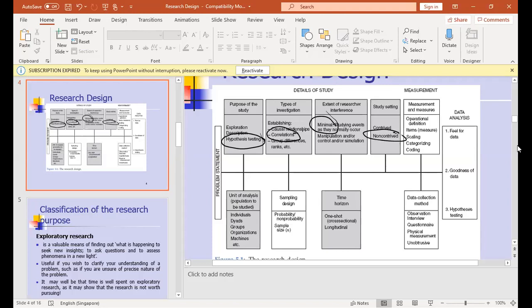Your unit of analysis is each respondent or each customer of a mobile telecommunication network, and you're having a one-shot study. Okay. So this is how you can explain your research using the framework of Uma Sekaran.